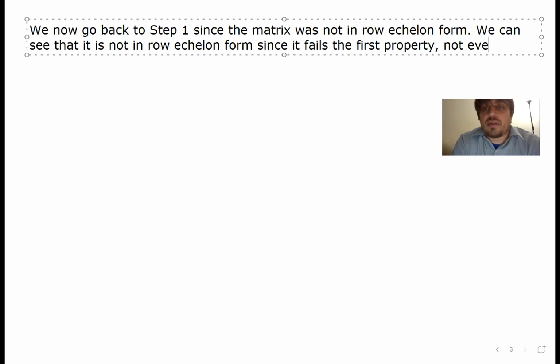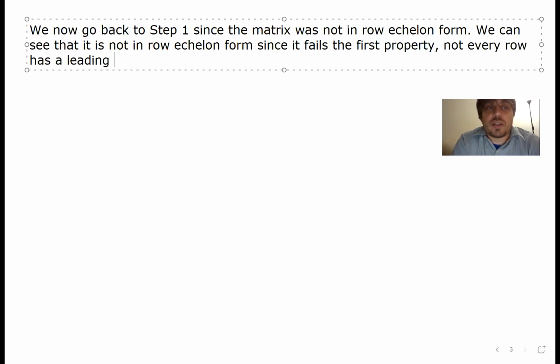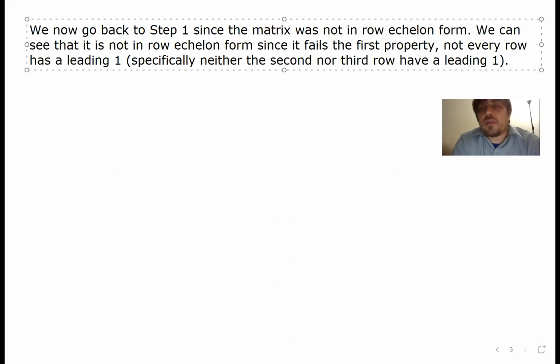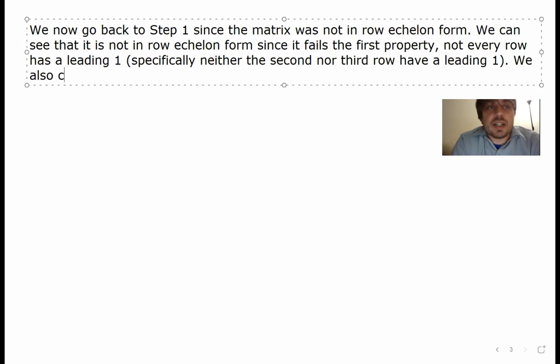Not every row has a leading 1. Specifically, neither the second nor third row has a leading 1. So the matrix is not in row echelon form, and so we go back to step 1. We also cover up the topmost row.